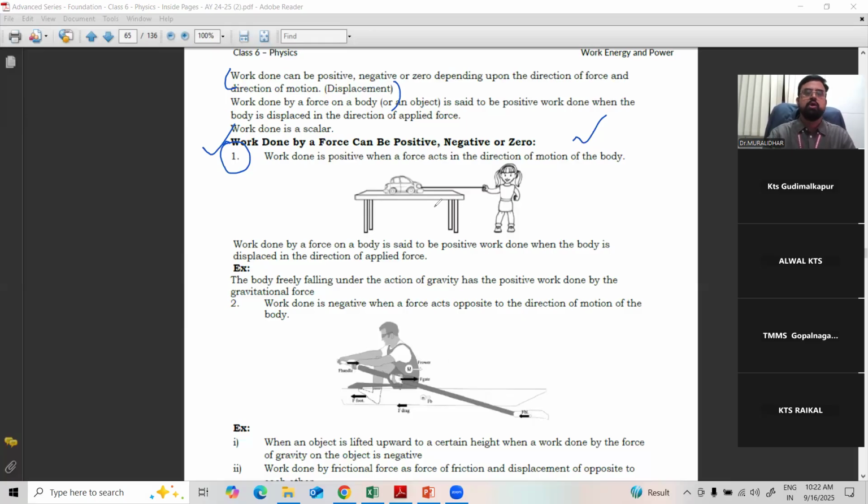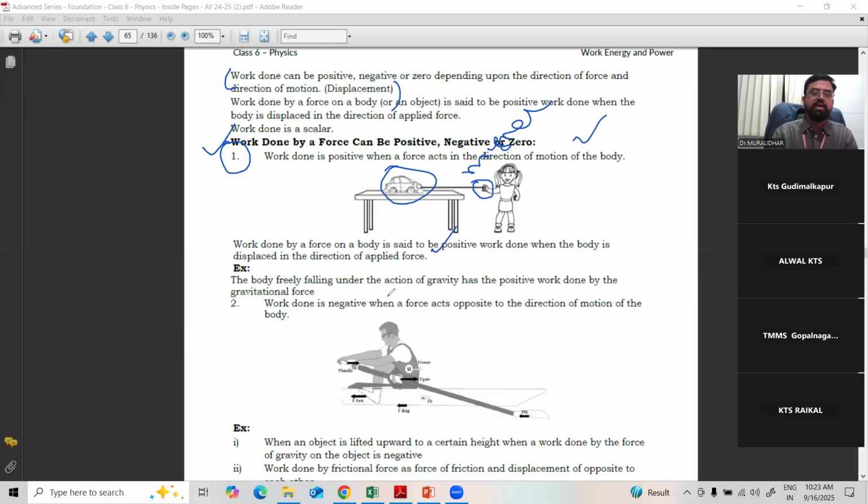See here, your car is here and a magnet is here. You are applying force with the magnet. Magnetic force is applied on the car and pulls the car towards itself. Then you can say that is a positive work. Work done by a force on a body is said to be positive work when the body is displaced in the direction of applied force.